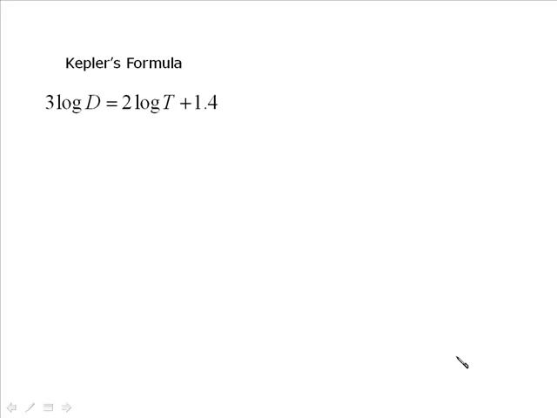But here's another one that's kind of a strange one, and doesn't really fit into any categories. It's based on one of Kepler's formulas. Johann Kepler, an astronomer, came up with, among other things, a formula that relates the length of a year in days for any planet to the size of its elliptical orbit. 3 log d is equal to 2 log t plus 1.4.